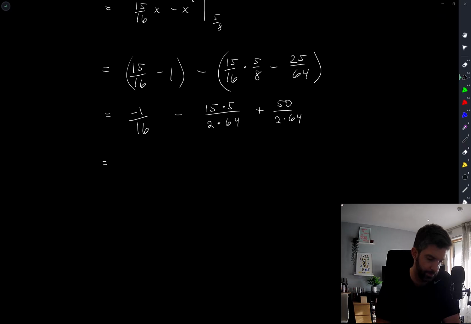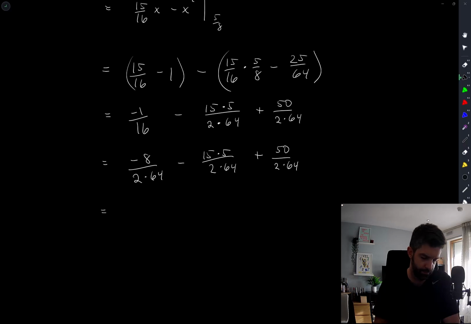We need to multiply this by 8. Negative 8 over 2 times 64 minus 15 times 5 over 2 times 64 plus 50 over 2 times 64. Why am I getting a negative number?